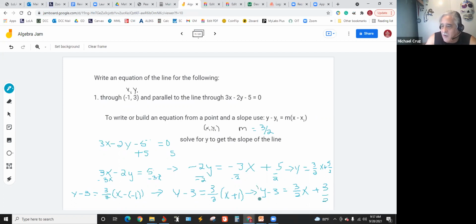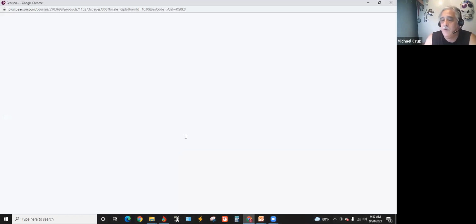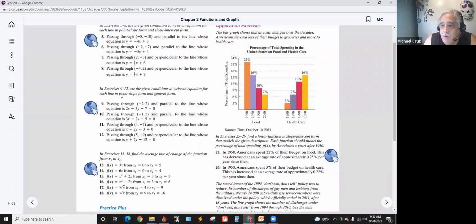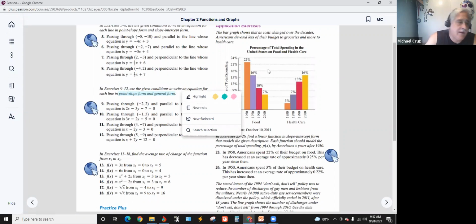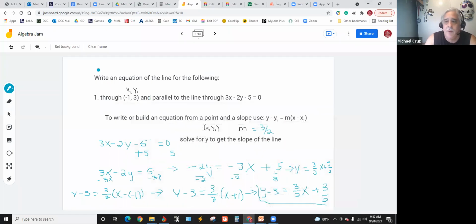So now we got an equation, but we're going to try to go by what they're asking in the instructions, which was write it in point slope form and the general form, which means then we're going to have to do a little bit more work. And in this case, because that one was fractional, we're going to have to mess with that. So let me write that over here on the next board page.